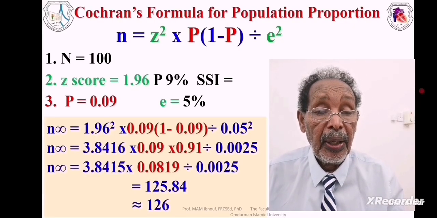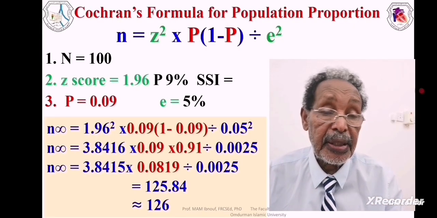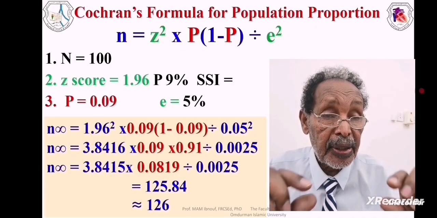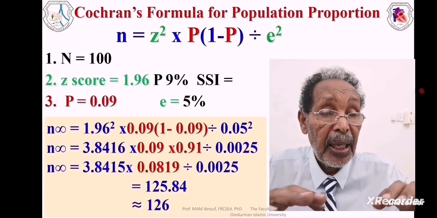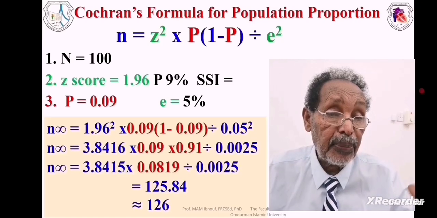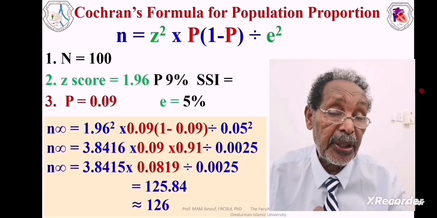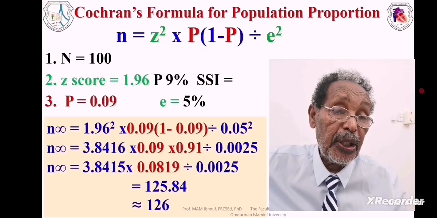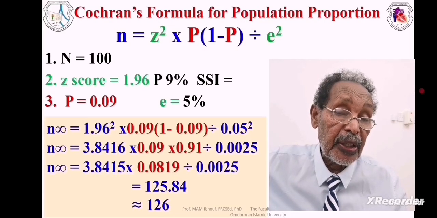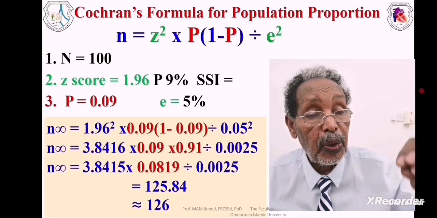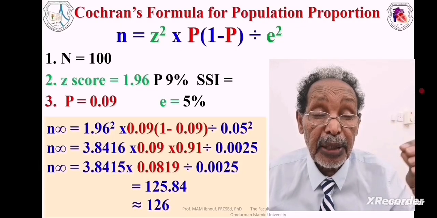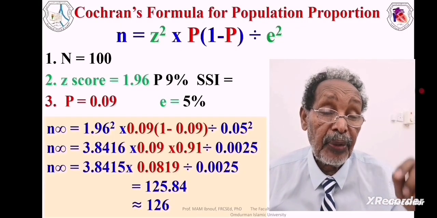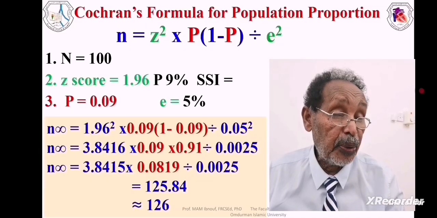So we have to divide this number, 126, this sample size according to the formula for infinite population, for very huge population. We divide it by the limited population, the finite population in the study. If it is more than 5%, we have to apply a finite population correction.